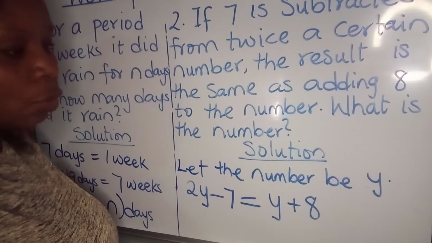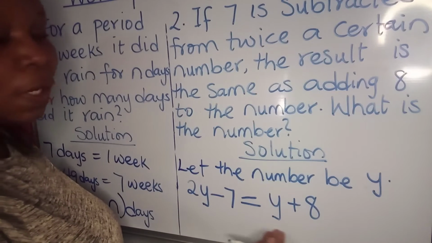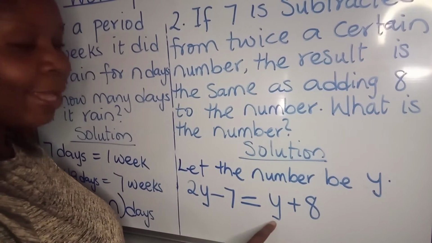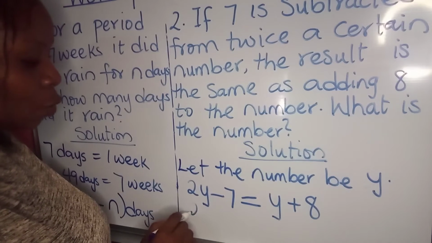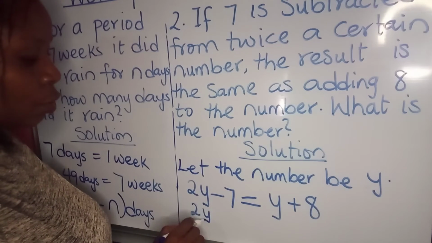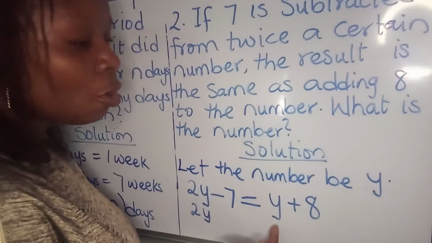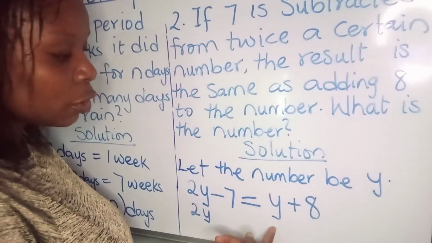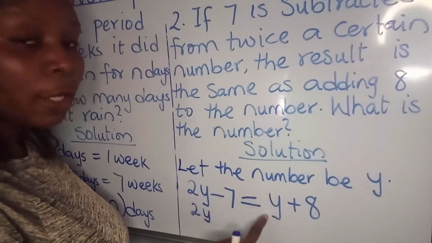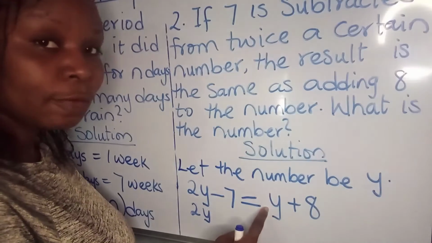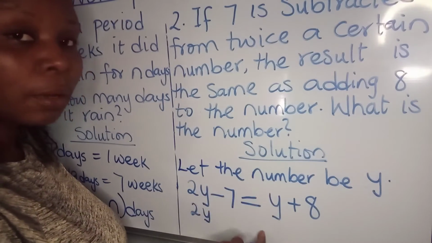To solve this equation, we have to first collect like terms. We have a y term here and a y term here, so we bring them closer. 2y is already on this side, but y is crossing the equality sign. Remember, when a number or a letter crosses the equality sign, the sign changes. This y is positive because it doesn't have a negative sign in front of it, so when it crosses to this side, it becomes a negative y.